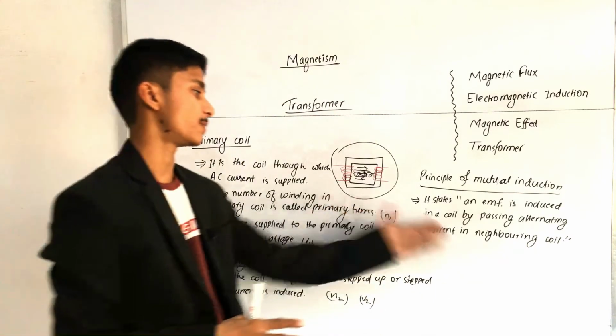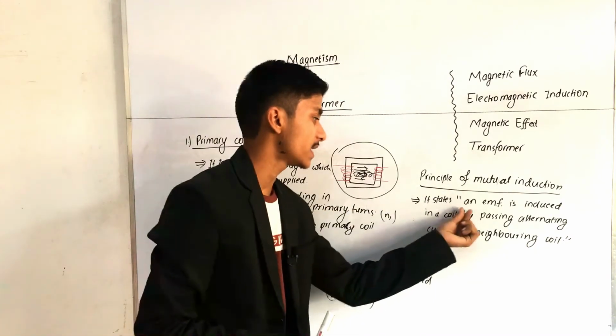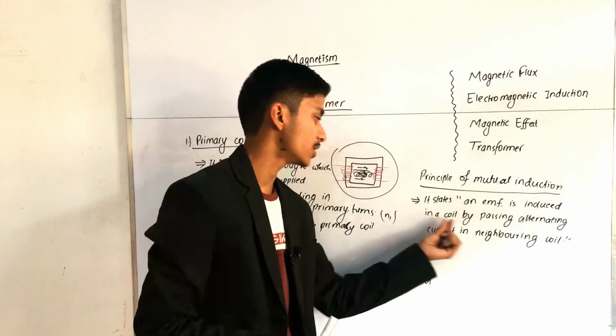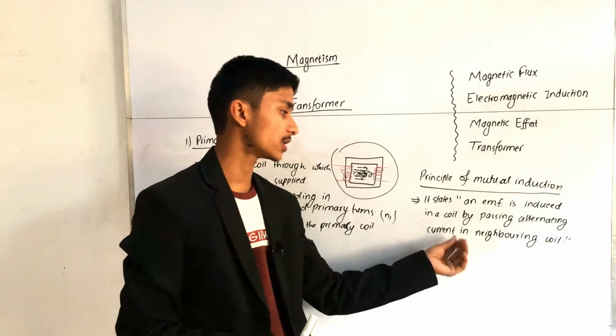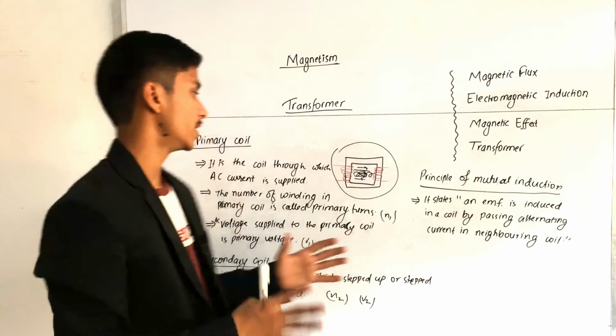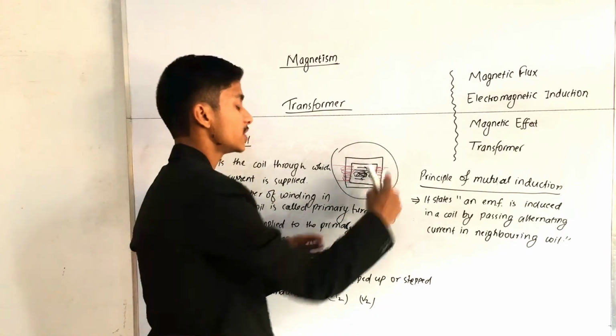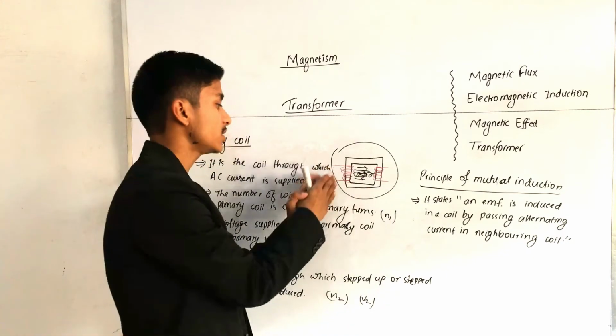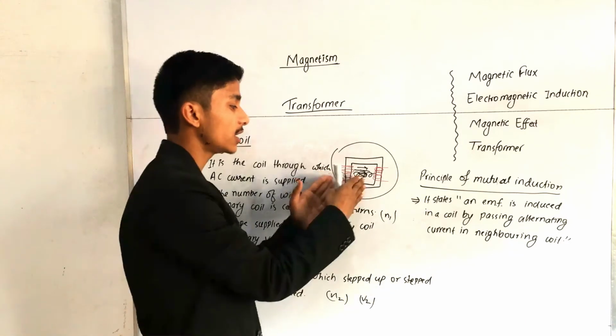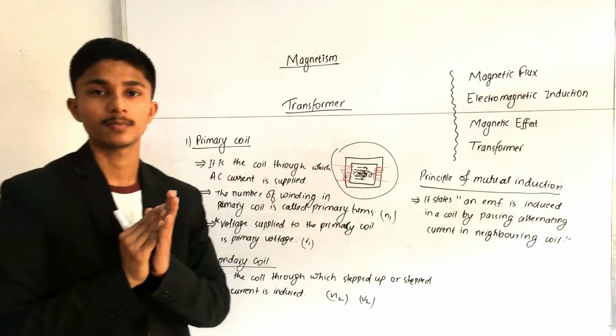Here this is the principle. It means that EMF is induced in the secondary coil by passing alternating current in the primary coil.